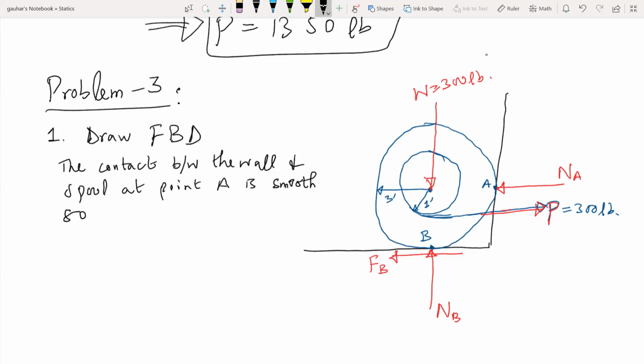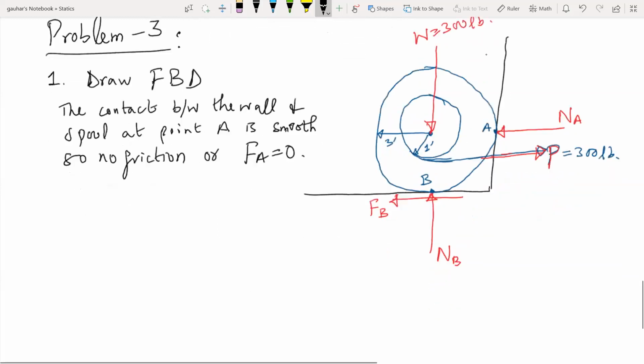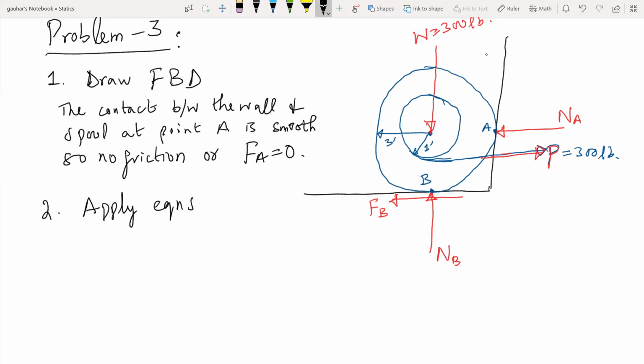So no friction, or F sub A equals 0. We don't need to show F sub A. Okay, so we are done with the free body diagram. We made use of that statement, the smooth contact. Now, the next thing is to apply equations of equilibrium.